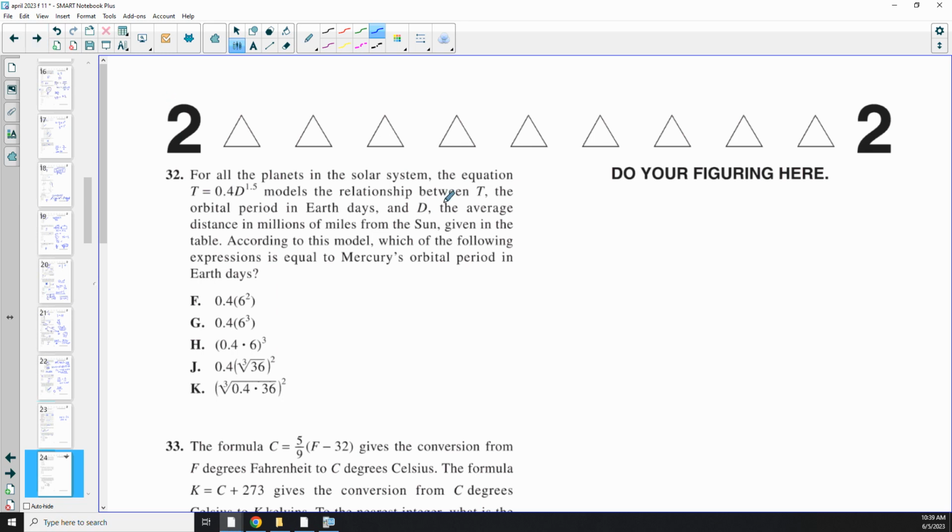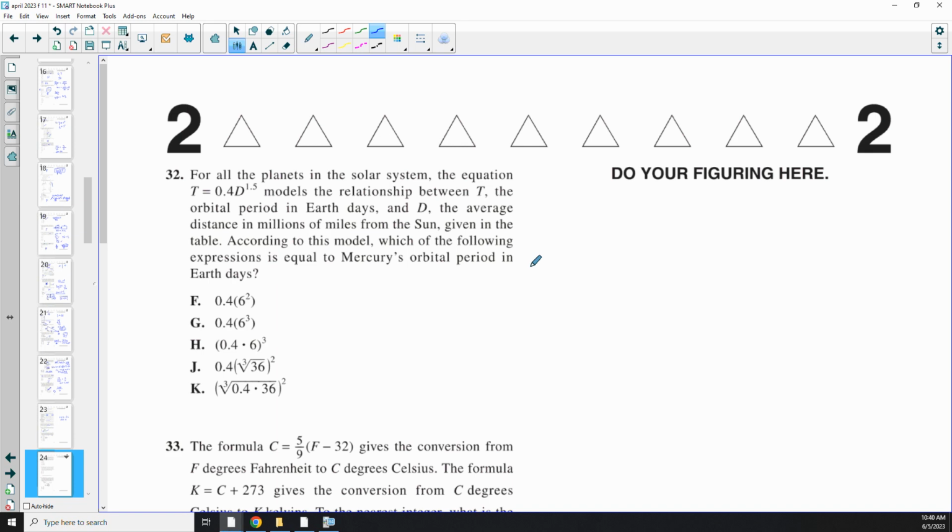And then for all planets, the equation models the relationship between the orbital period in Earth days and the average distance. So according to this, which of the following is equal to Mercury's orbital period in Earth's days?